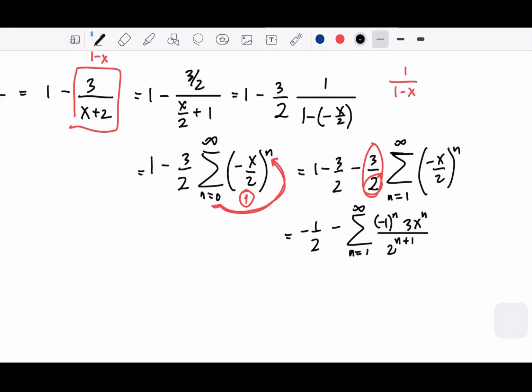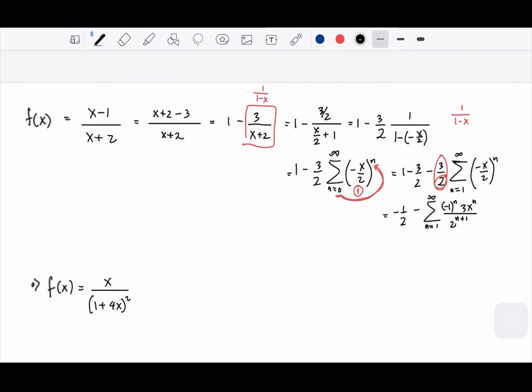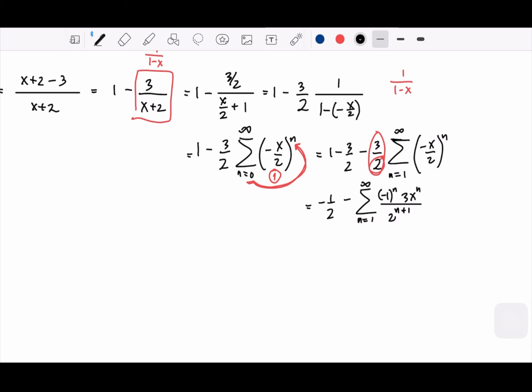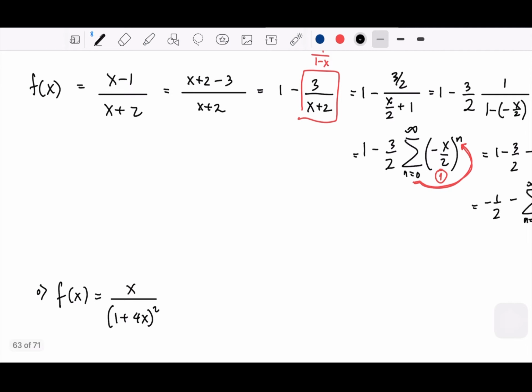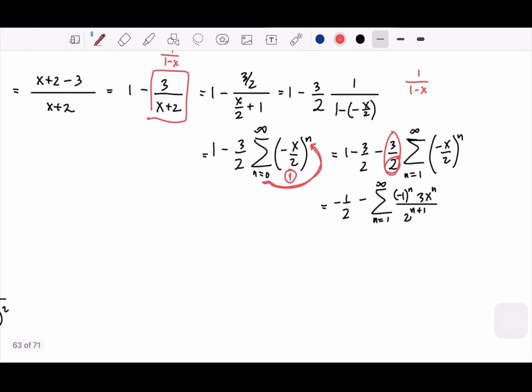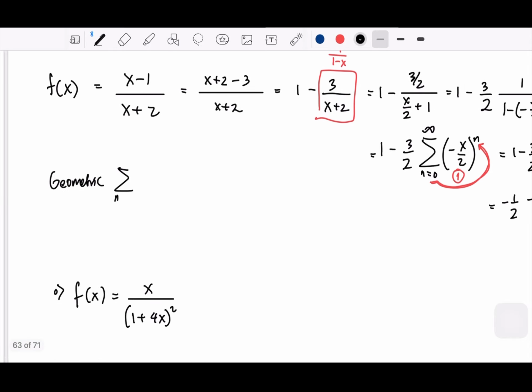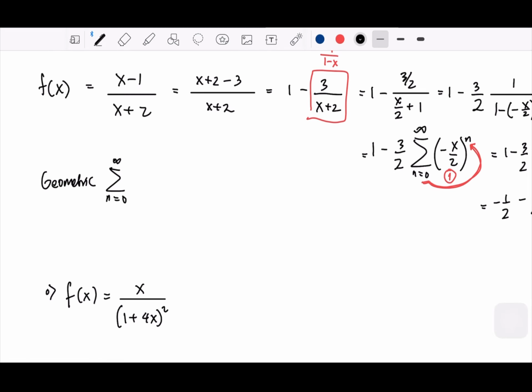I think that's it. And then we need to find the radius and the interval. So how do we find? We need to go for geometric. So we have this as a geometric series, and we could argue that this geometric series converges when this is true.